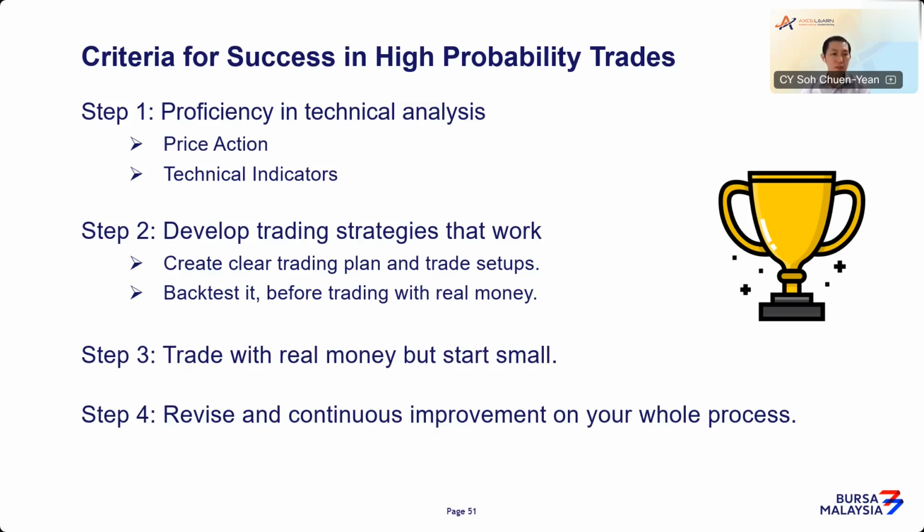Because when you combine both, you need to get the best of two worlds, meaning it takes time for you to develop this proficiency. You cannot just speed it up that fast. If you want to speed it up, you need to do more homework and more back testing. That is the only way I can think of.